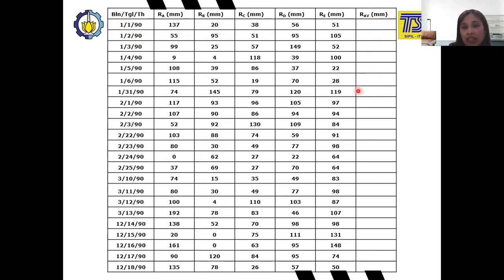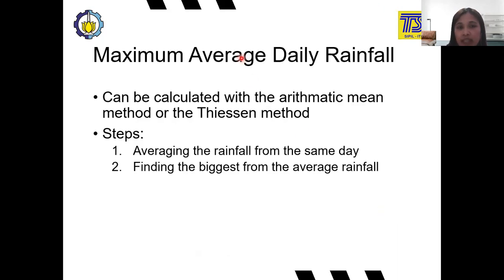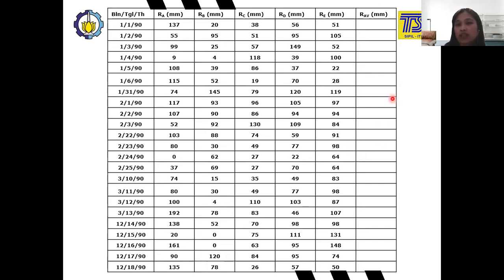And then after we got the average of each day, we have to find which one is the biggest. So after that, we got the maximum average daily rainfall. It's not like we look for the maximum from each rainfall, but we calculate the average first, and then we look for the maximum of the average.